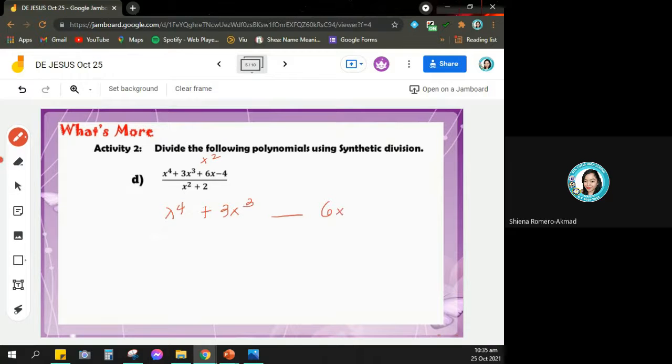And then, we have 6x minus 4. Para makita nyo na may nawawala, lagyan nyo ng space. So, we have here 1, 3, 0, 6, negative 4. Then, we will divide it to x squared plus 2.